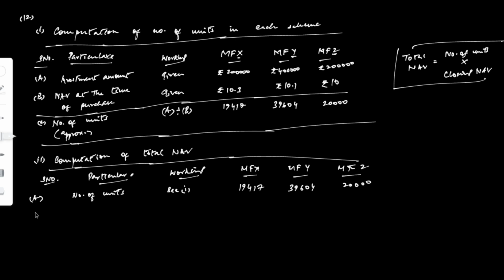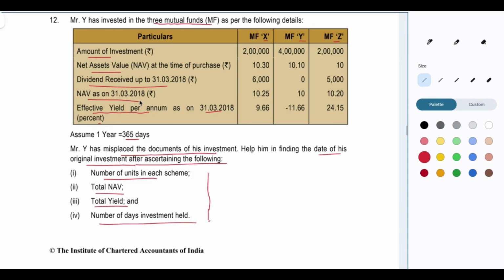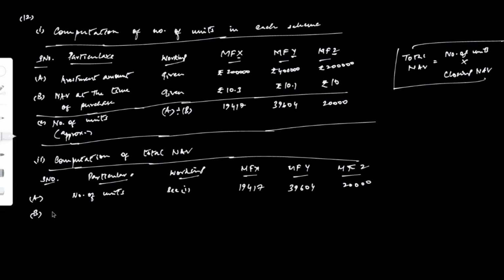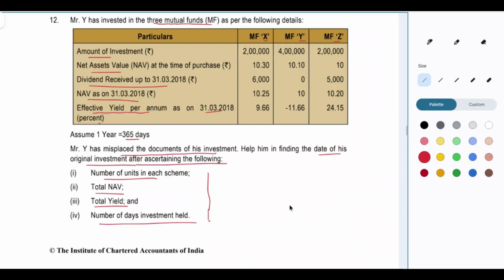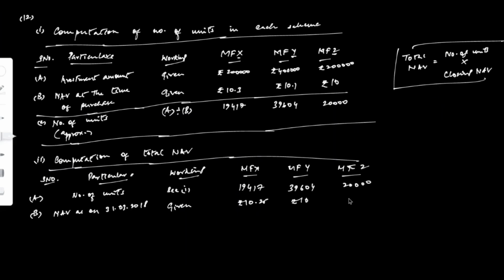Next, B, closing NAV, that is NAV as on 31/3/2018, which is given as 10.25, 10, and 10.2.